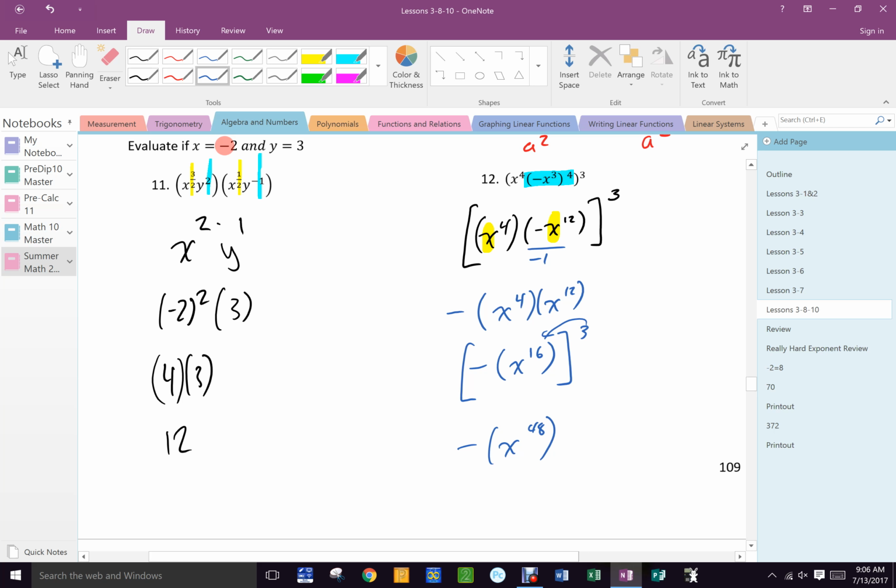All right, fair enough. X here, this is negative 2 to the 48th, yes? So what's that going to be? Negative to an even exponent, what's that going to be? That's going to be positive, and then there's going to be a negative there.